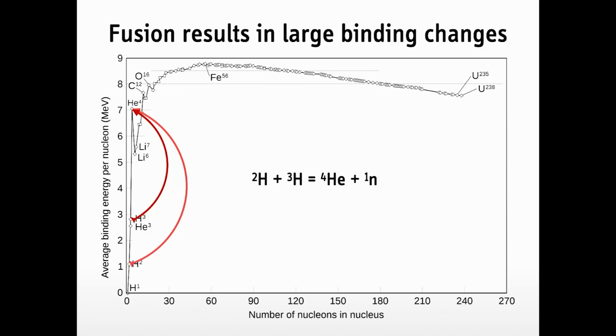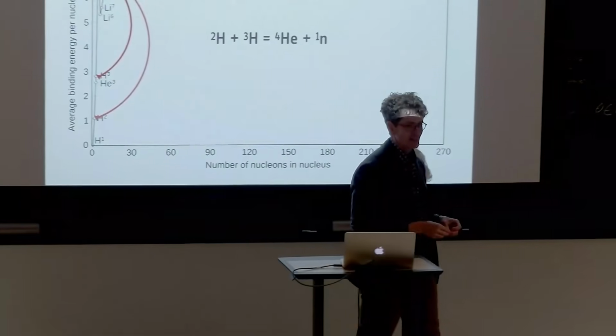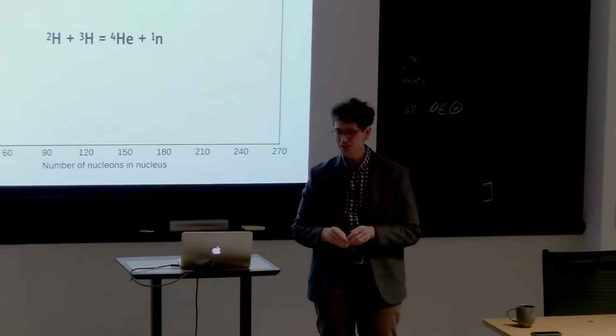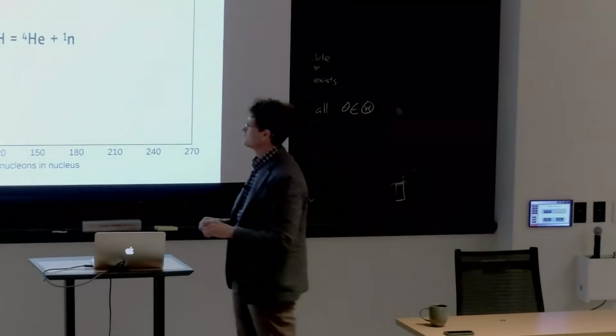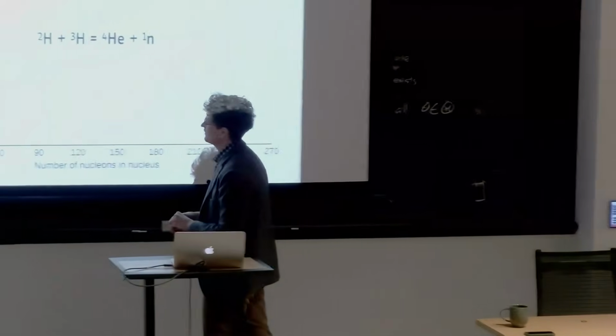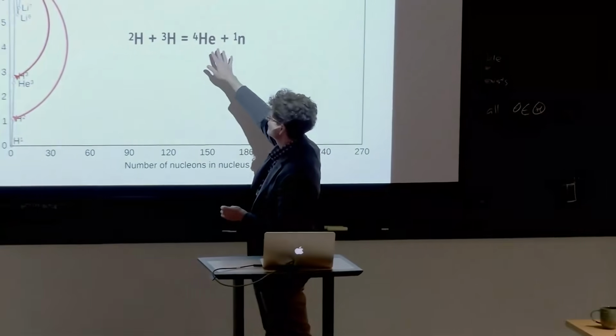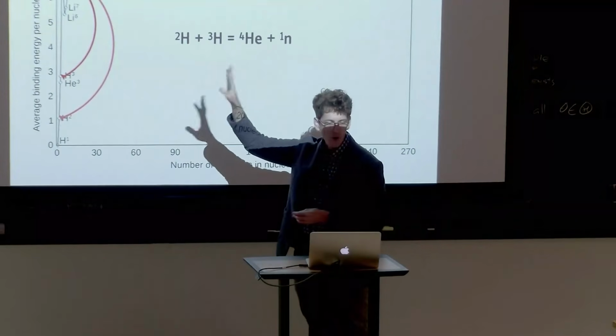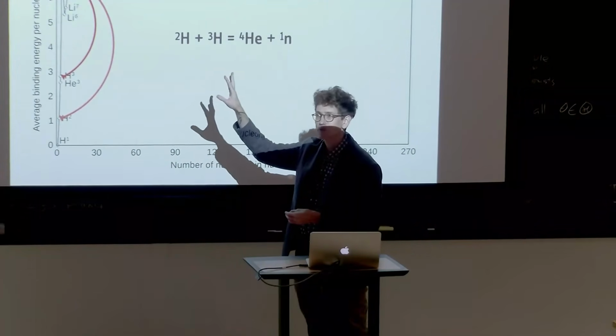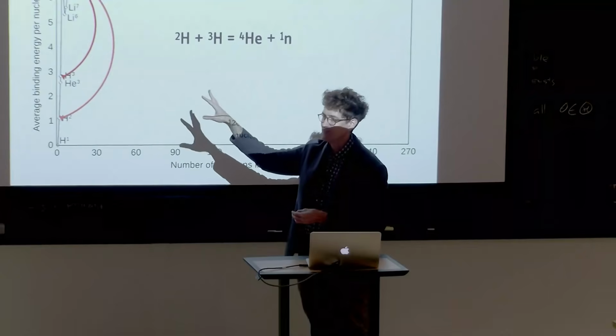So we won't use protium, but we'll use deuterium and tritium. Deuterium can be found in ocean water. Tritium is exotic. You have to kind of make it in a nuclear reactor. But this is the reaction that powers virtually all practical modern fusion concepts.